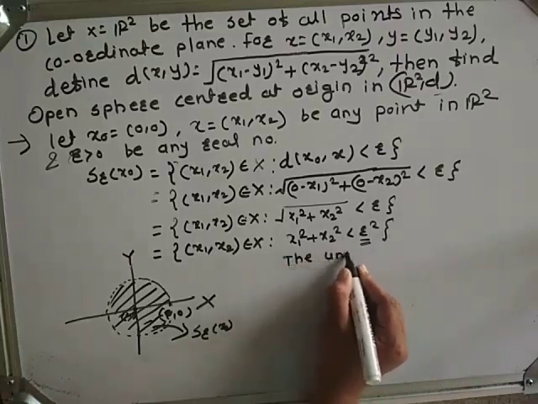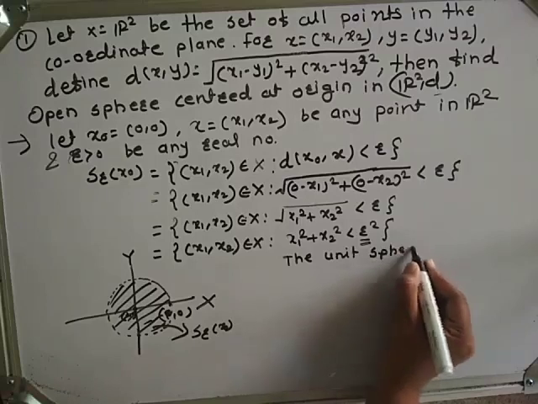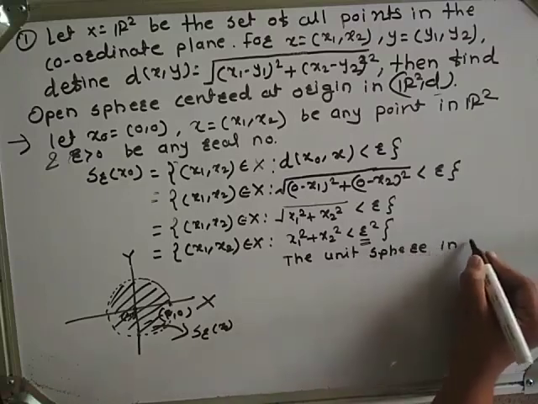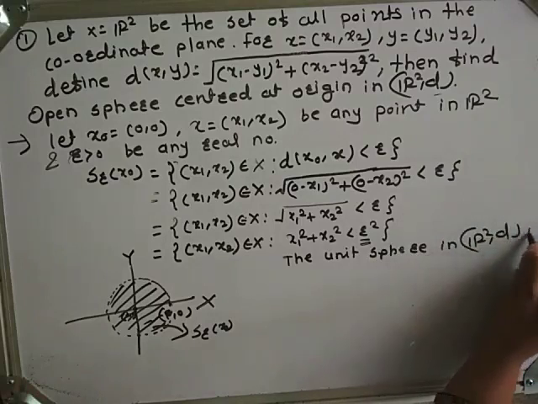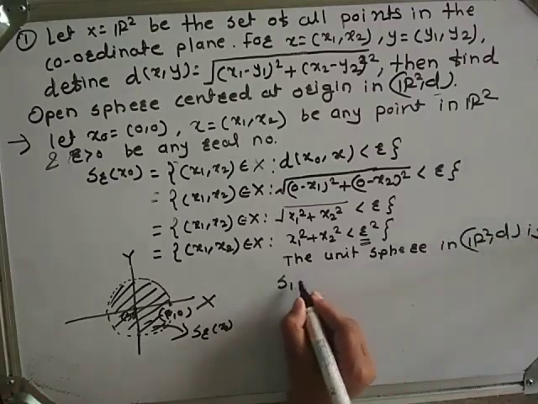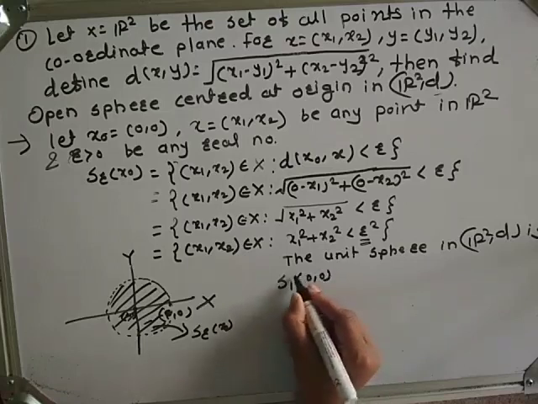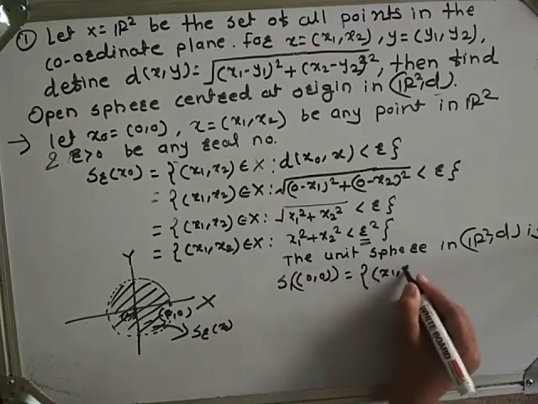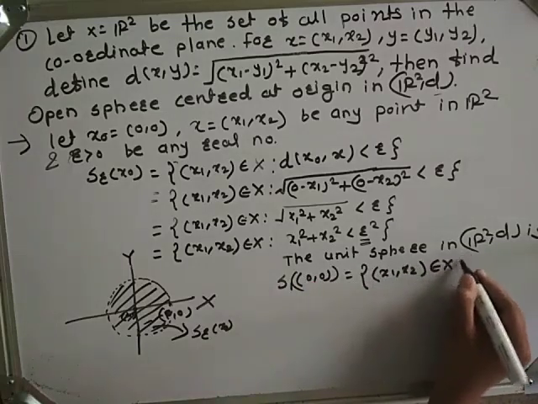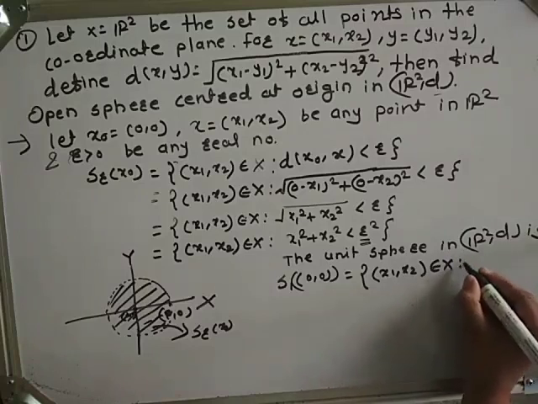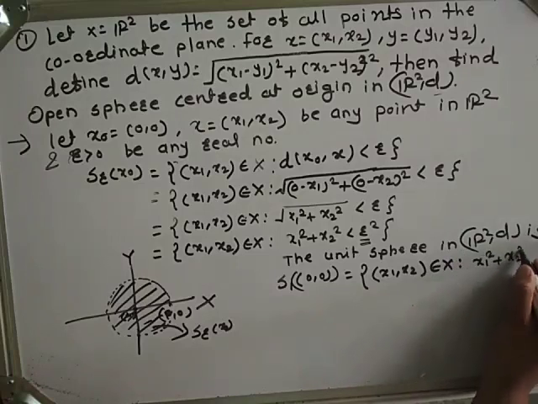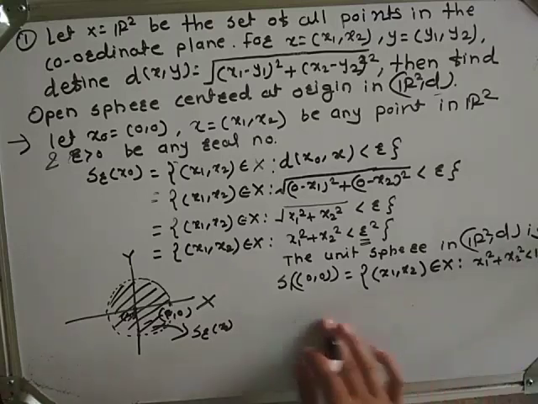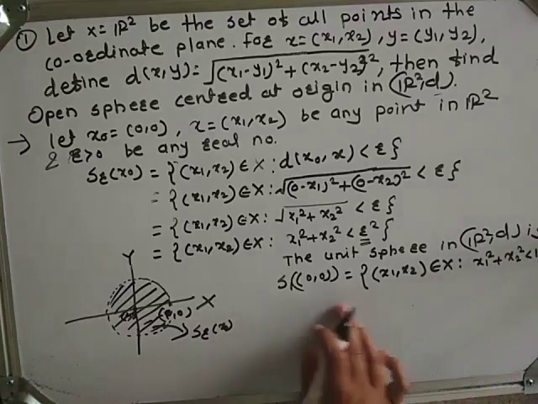Therefore, the unit sphere in (R2, d) is S_1(0, 0) = the set of all (x1, x2) belonging to capital X such that x1 squared plus x2 squared is strictly less than 1. This is the unit sphere in (R2, d) centered at the origin.